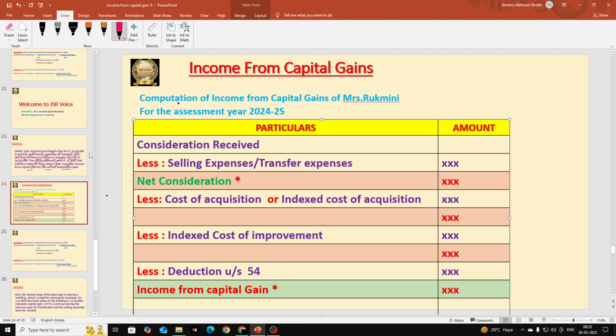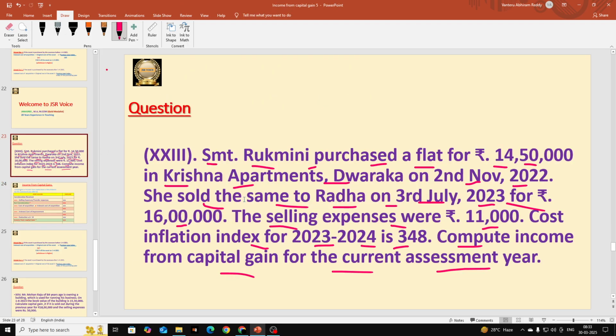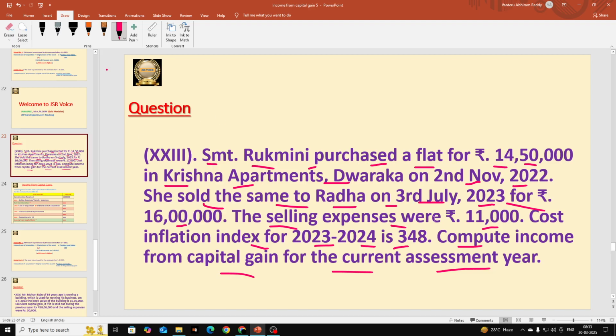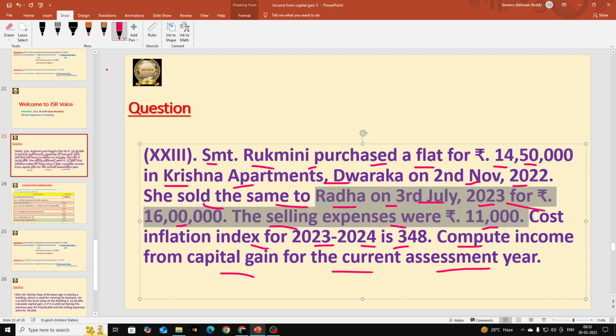Always the first item is consideration received, students. Consideration received means the selling price of the asset. The selling price of the asset is 16 lakhs. So let us take 16 lakhs there. Less selling expenses or transfer expenses. We should deduct selling expenses or transfer expenses. How much? 11,000. They have given that as 11,000.